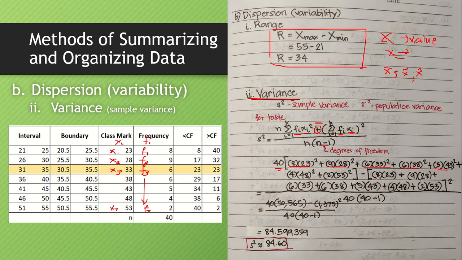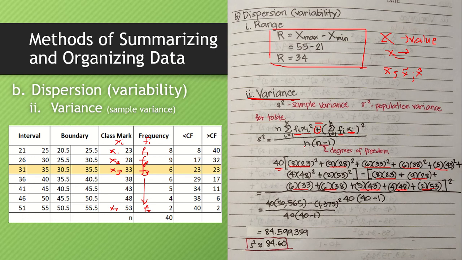So that's 8 times 23 plus 9 times 28 plus 6 times 33, 6 times 38, 5 times 43 plus 4 times 48 plus 2 times 53. And sum them up, raise it to power 2.